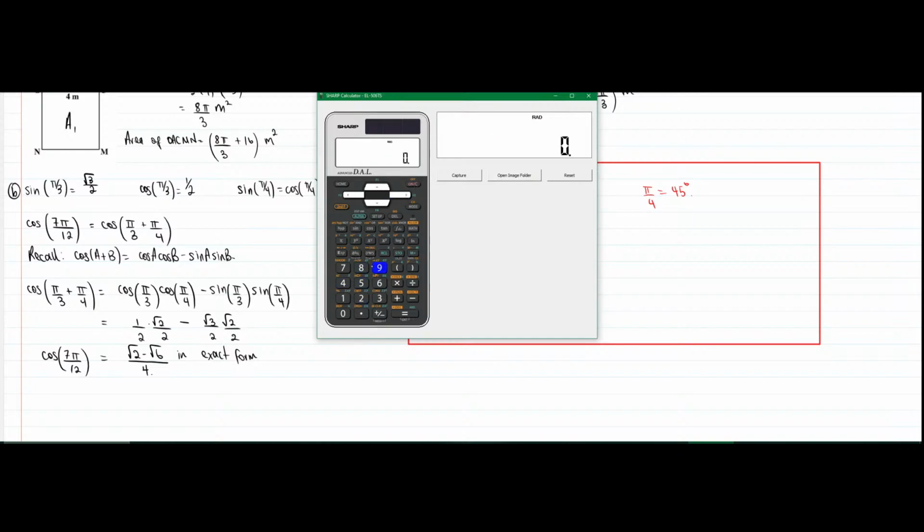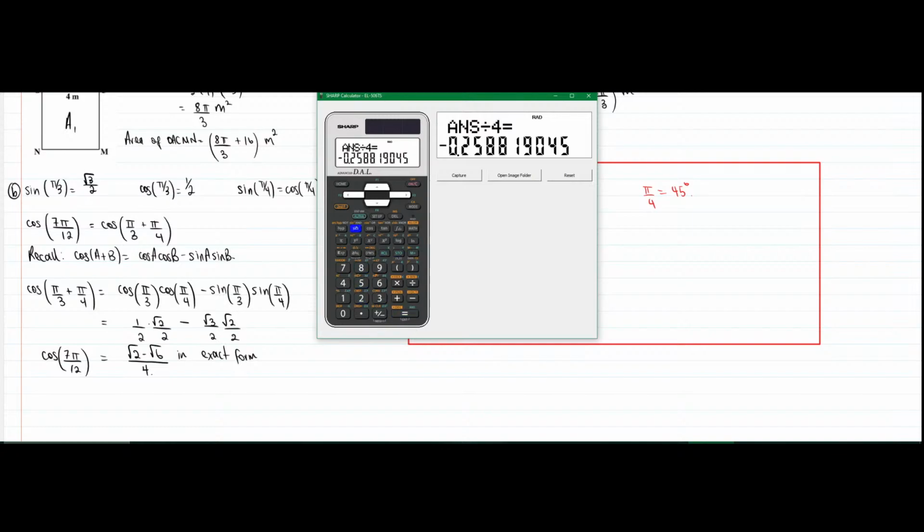If you're more comfortable, cosine of 7 pi on 12 is negative 0.8333.